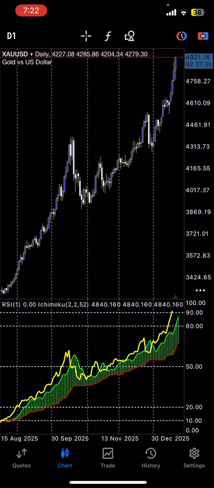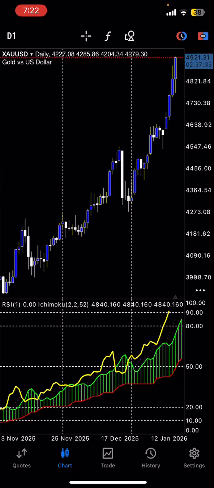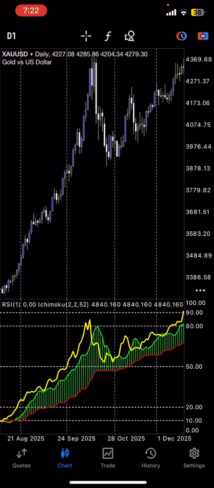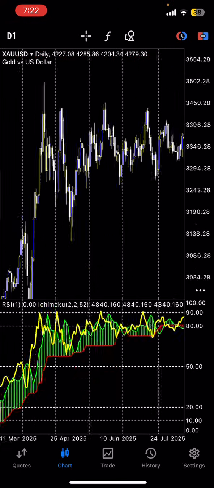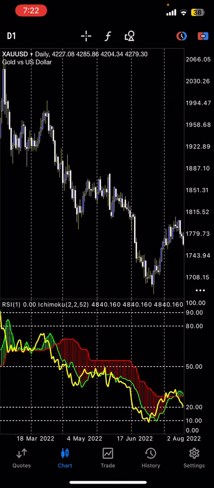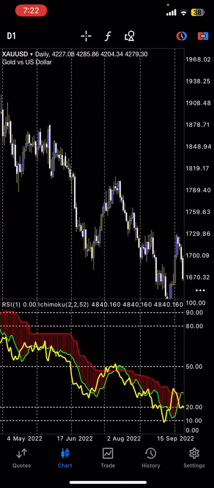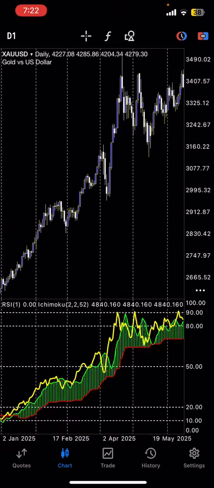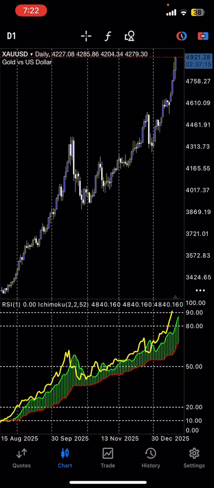So now you can see the bullish cloud, and then you can see the bearish cloud. Bearish cloud represents a bearish trend, bullish cloud represents a bullish trend, and the yellow span B represents the price.